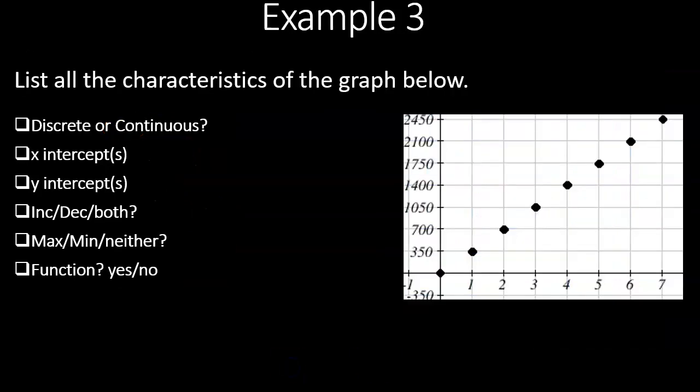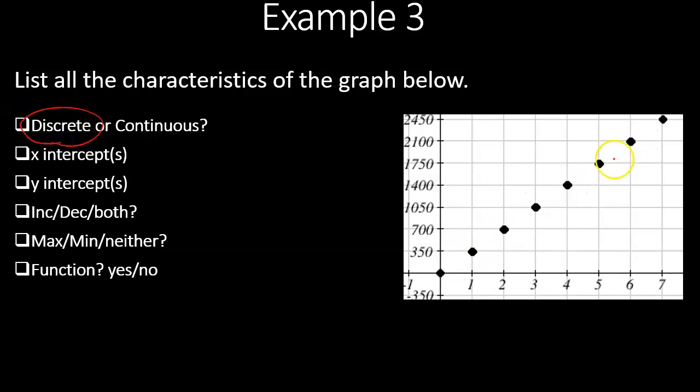All right, example 3. Same thing. Go ahead and pause the screen and answer the questions about this graph, and then unpause when you're ready. All right. This is a discrete graph.